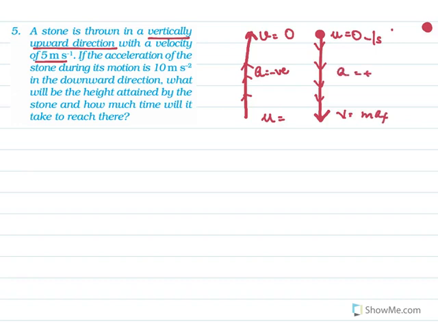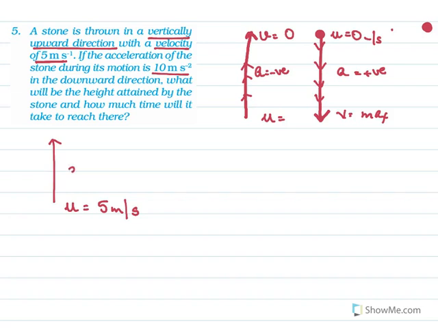The final velocity will be maximum and the acceleration will be positive because it's coming faster and faster down, acceleration due to gravity. So this is an object that is moving upwards, and they said it is thrown out with a velocity of 5 meters per second. So the u must be 5 meters per second.